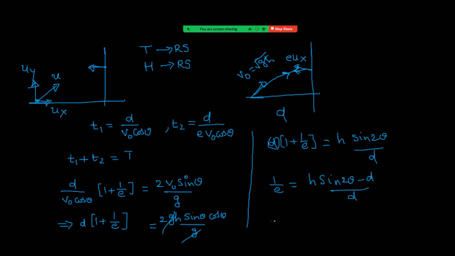Therefore, e value is d upon h sine 2 theta minus d. Okay. So key point is there is no change of time of flight as well as maximum height. Using that key point, we can solve the problem.